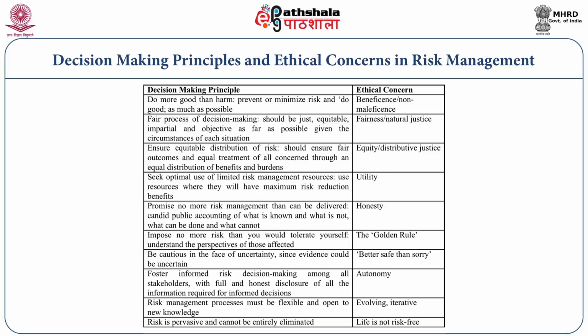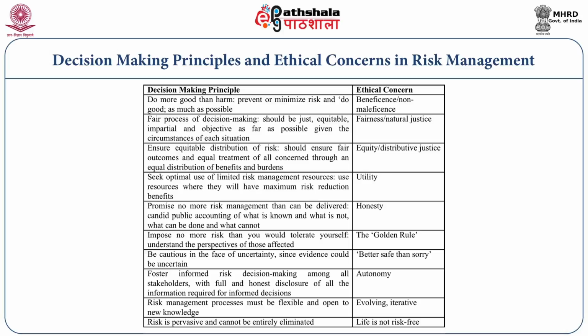So, the first decision-making strategy is do more good than harm, prevent or minimize risk, and do good as much as possible. The ethical concern associated with it is beneficence or non-malfeasance. Second, fair process of decision making should be just, equitable, impartial, and objective as far as possible, given that the circumstances of each situation can be different.